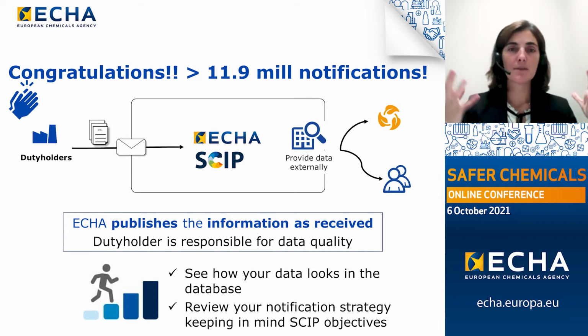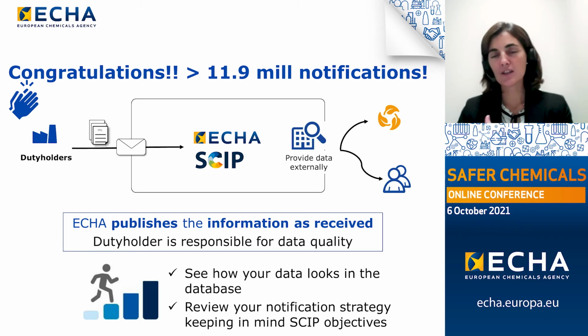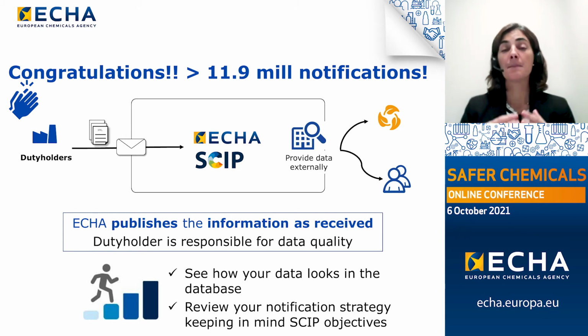As you know, all this information that we are receiving, we are starting to make it available, and we will make the information available as it is received. So the quality of the information that we are making available, that is in dissemination, depends on the quality of the information that we are receiving.